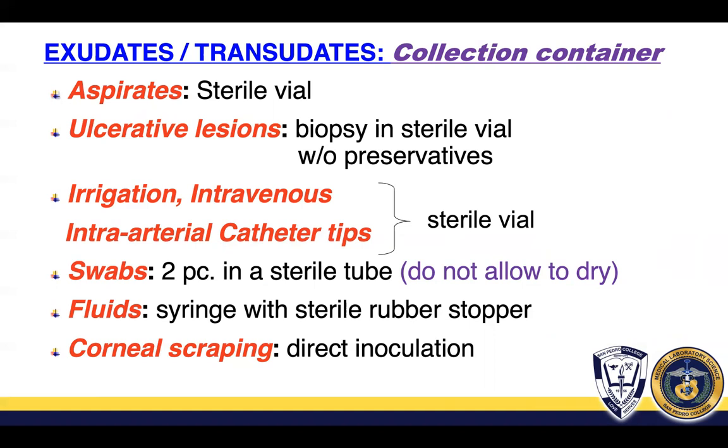Do not allow them to dry. Okay. Fluids, a syringe with sterile rubber stopper can be submitted. Okay, so this is the only specimen that we can store in the syringe. But this procedure should be done within the hospital premises. And then for corneal scrapings, direct inoculation is usually done. Okay, we don't place them in containers anymore.